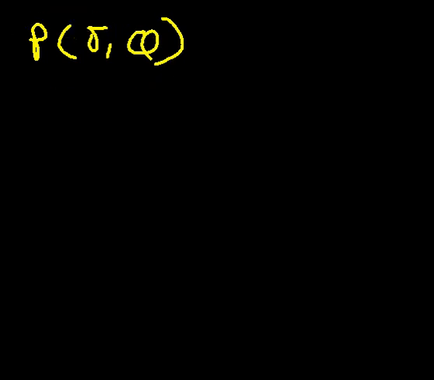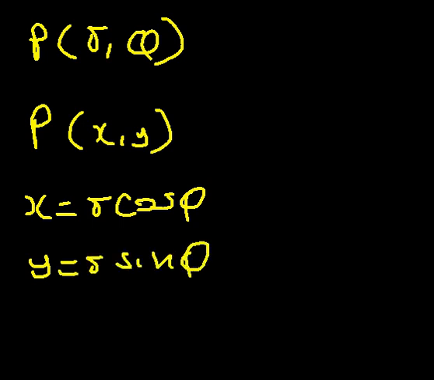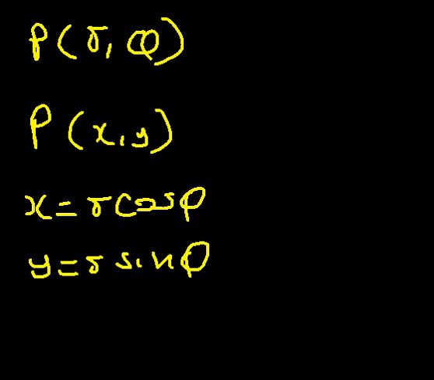Mind you, the point P will be denoted as P(x, y) in the rectangular system, where x is given as r cos theta, and y is given as r sin theta. From the understanding of the trigonometric ratios, you will be able to get this. Theta is the angle itself, and r is the distance from the origin to the point P. So take note of that.